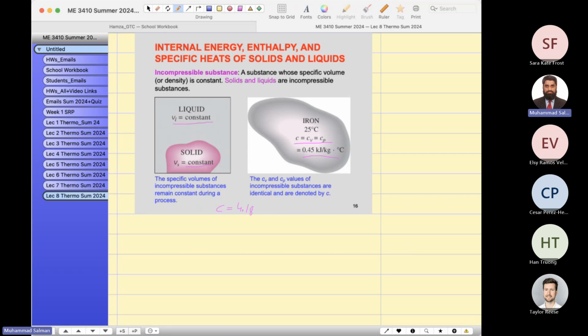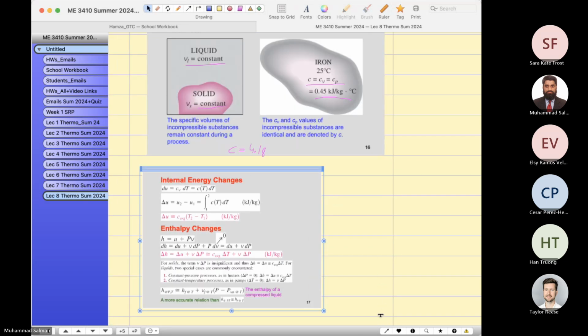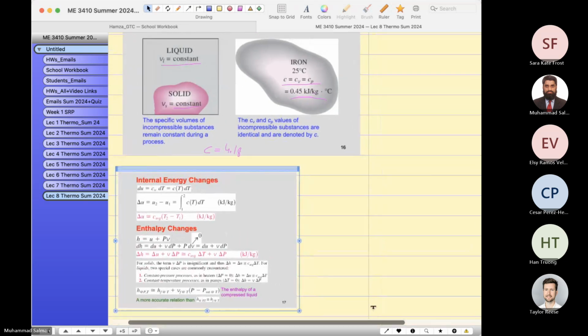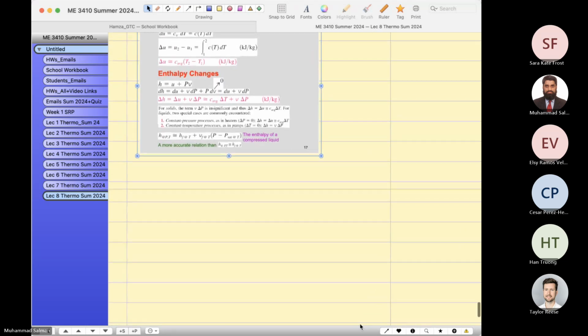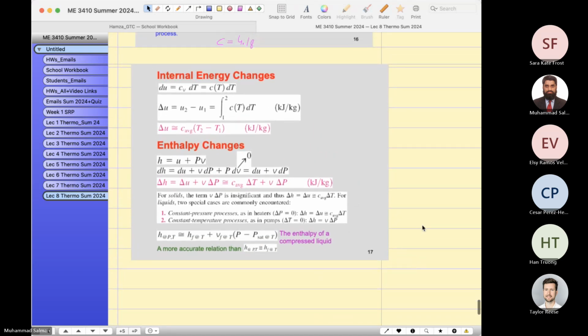Okay, let's do another slide here. Again, this is the same formula which I mentioned earlier, for getting the change in internal energy for solids or liquids.